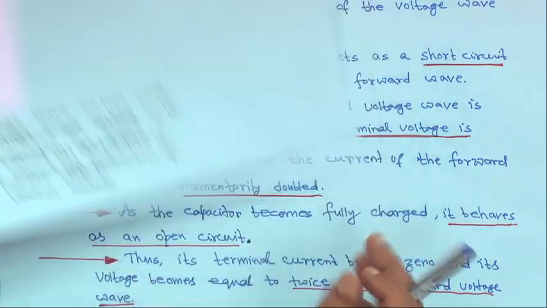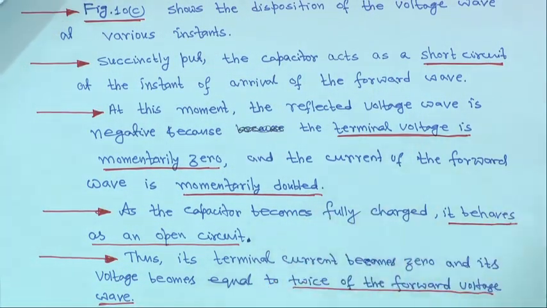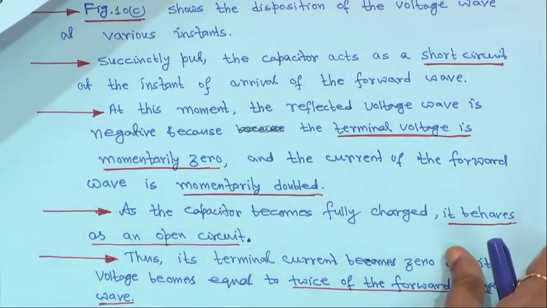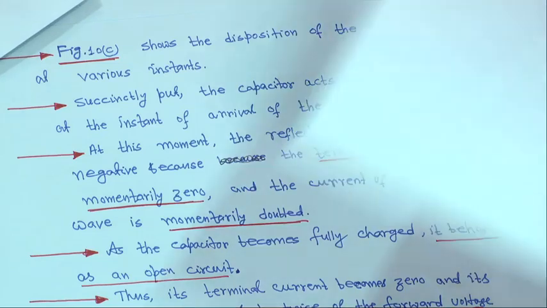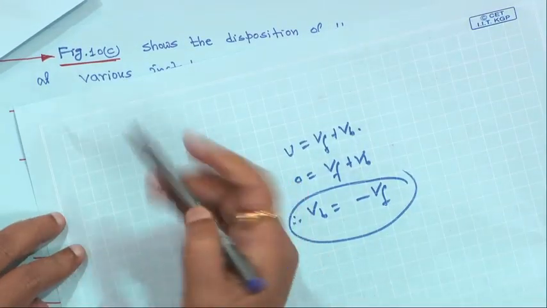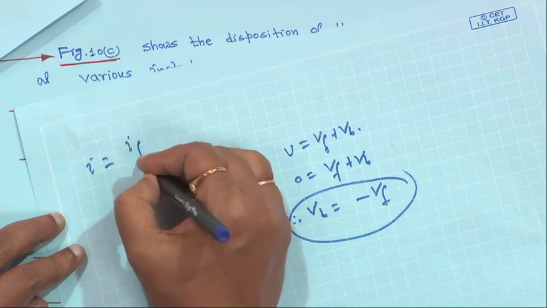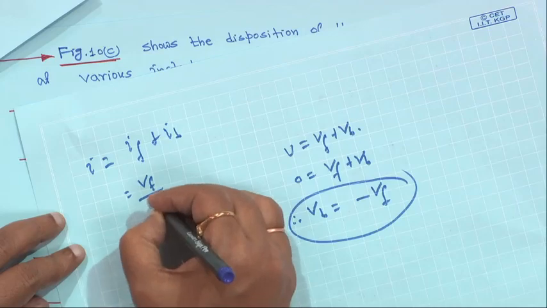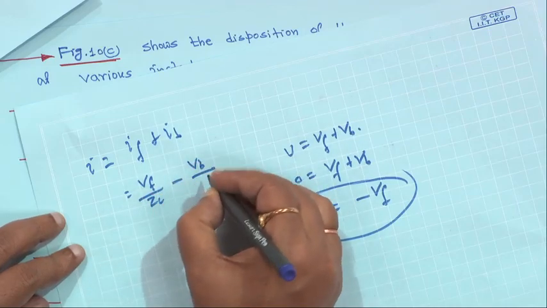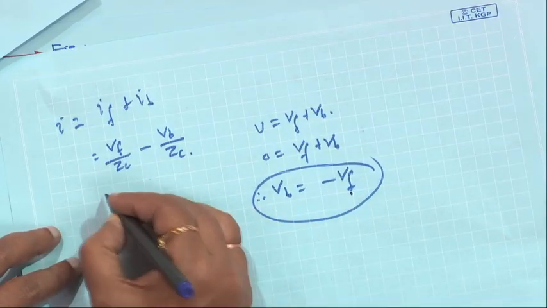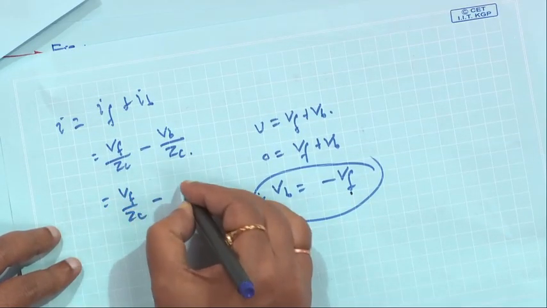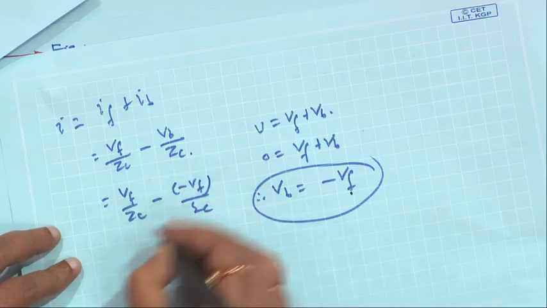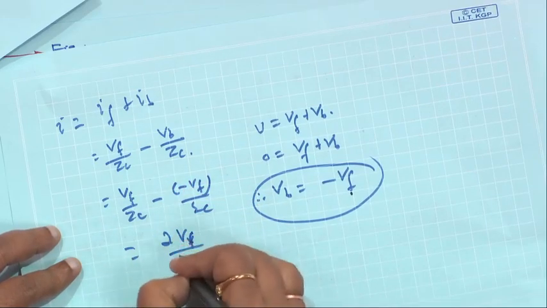You can verify this yourself. The current I is equal to I F plus I B. I F is equal to V F upon Z C, and I B is equal to minus V B upon Z C. But V B is equal to minus V F, therefore it is V F upon Z C and minus minus V F upon Z C. So, it will be 2 V F upon Z C, right.